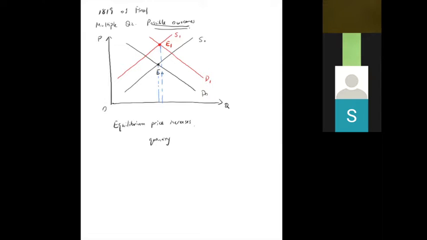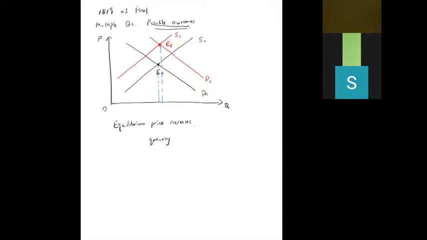So it's possible that if the S1 shifts in slightly less, then the equilibrium quantity becomes higher.